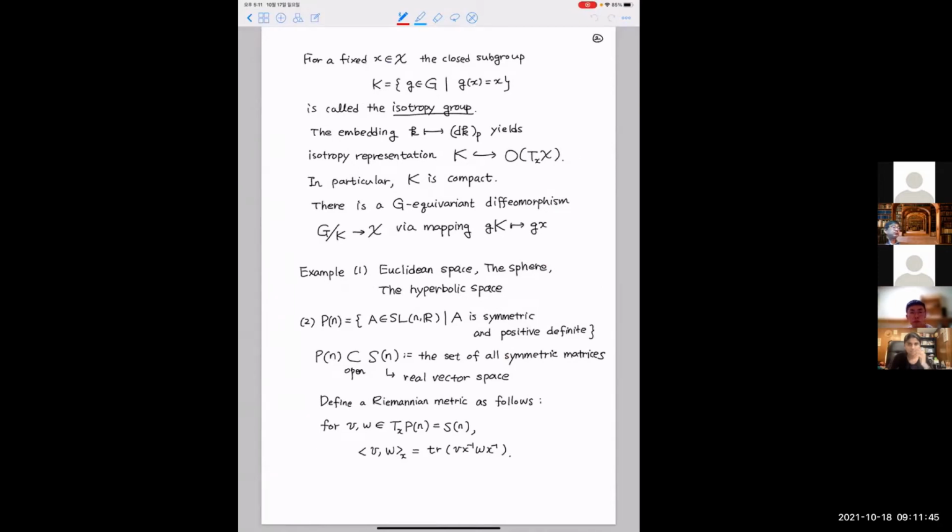From these two facts, we can also define the isotropy group.